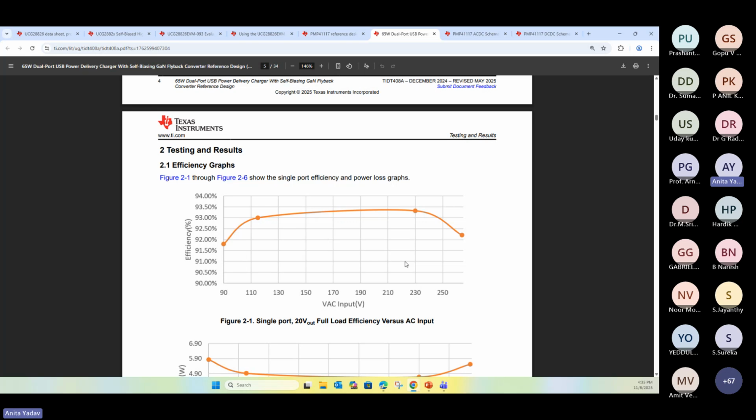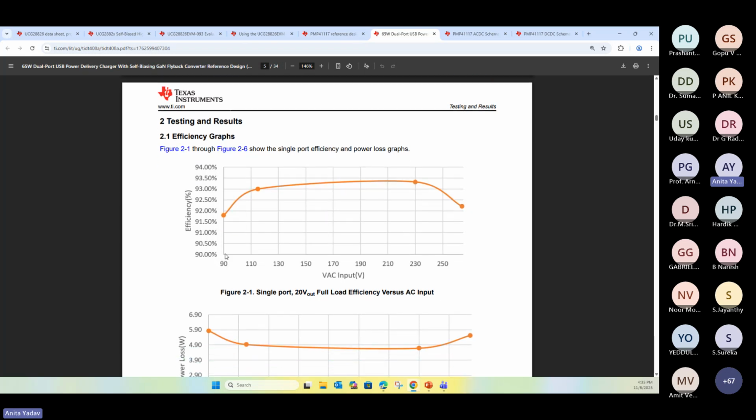So first, we do the efficiency test. As per the standard, there are efficiency specs at 0%, 10%, 25%, 50%, 75%, 100%. You need to pass those specs, and you can measure efficiency using a power analyzer at the input and output side.